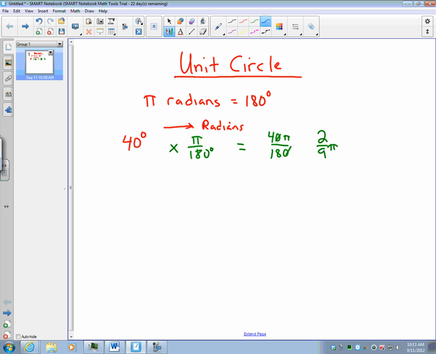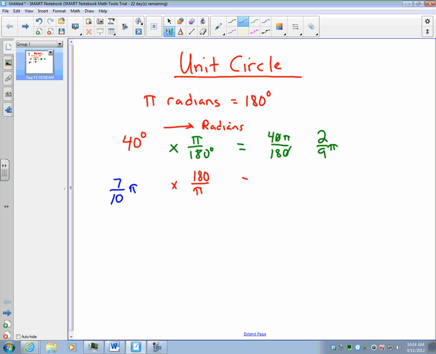Going in the other direction, from radians to degrees, if I have something like 7/10 pi, and I want to convert it to degrees, well, now I'm going to do exactly the opposite. 180 over pi, right?